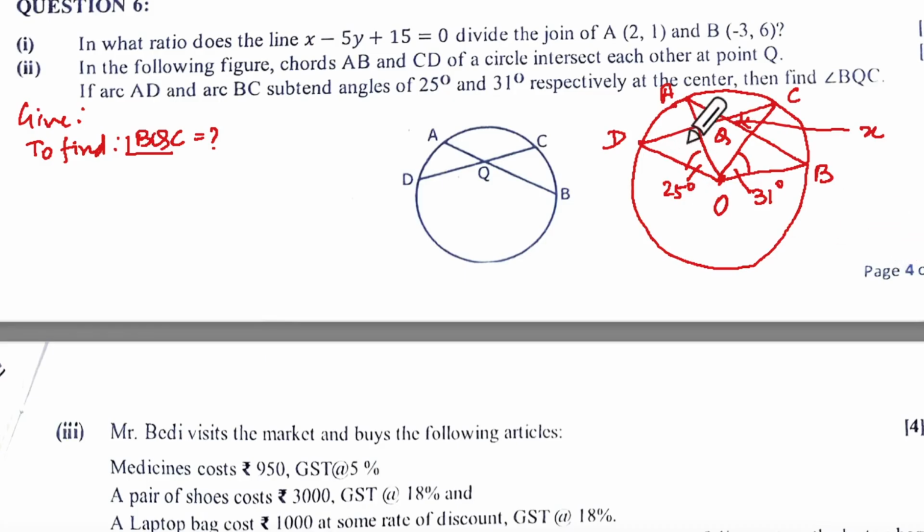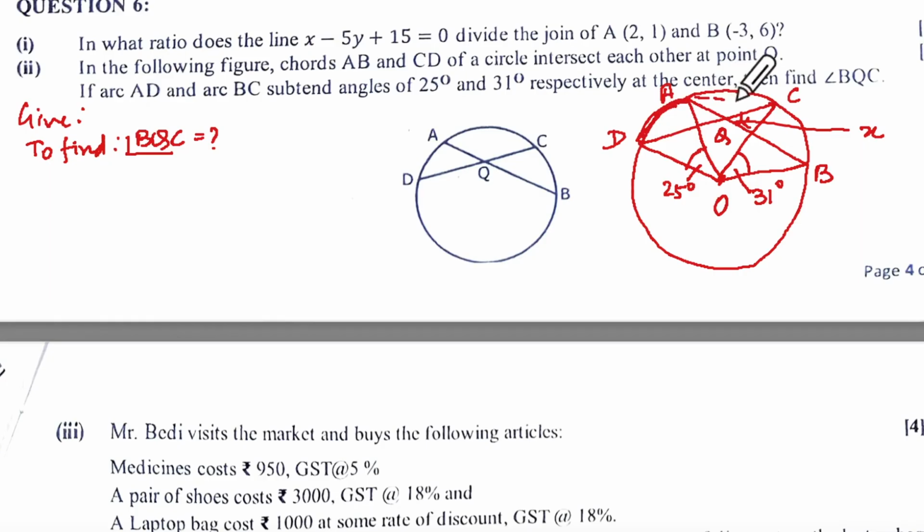Now tell me, what is given to us? 25 degrees, 31 degrees. What are they? They are angles subtended at the center. Does it immediately come to you that angles at the center will be connected with angle at the circumference? Yes, ma'am. Which means I will look at this AD, take point A and point D, and see any point on the circumference. Yes, I can see.